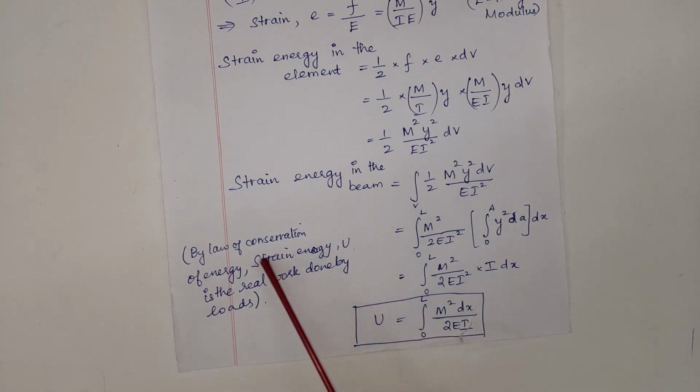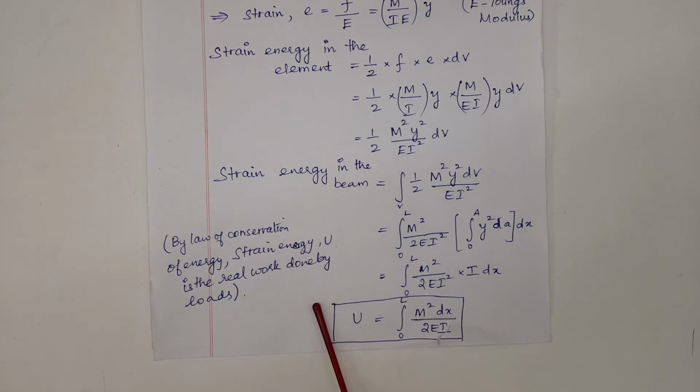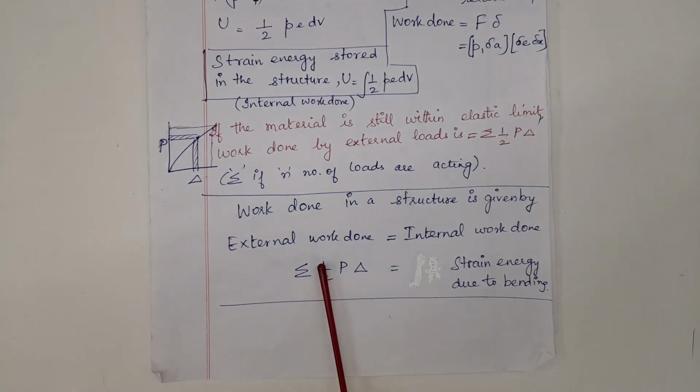This is given by law of conservation of energy. I can equate this strain energy which I have determined here, that is the real work done by the loads internally, that is due to bending, with what we have done already, external work done, such that I can relate both to find the value of delta. This is what is given in strain energy method.